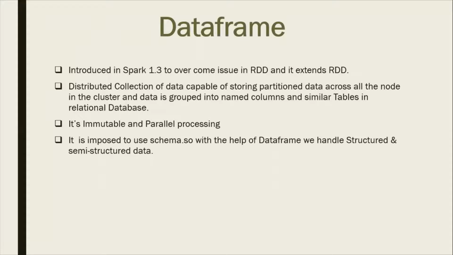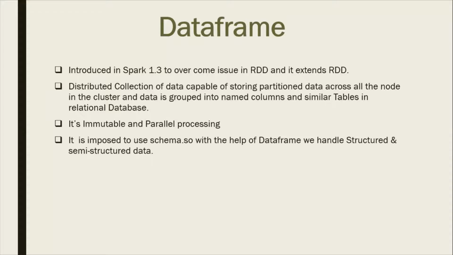This kind of data is available in our DataFrame, and it is also immutable and supports parallel processing. It imposes the use of a schema. So with the help of the DataFrame, we can handle structured and semi-structured data. If we have created a column in a relational database with an integer data type, all the values in that column should be integer.